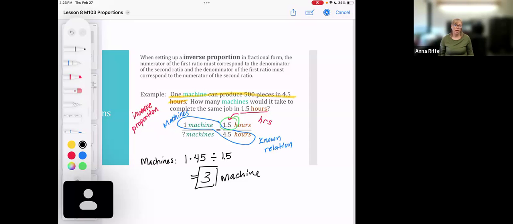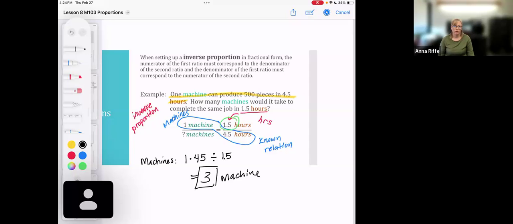Here I can tell that as the number of hours decreases, then I would need more machines in order to run the same job, probably. So because as one decreases, the other increases, this is an inverse relation.